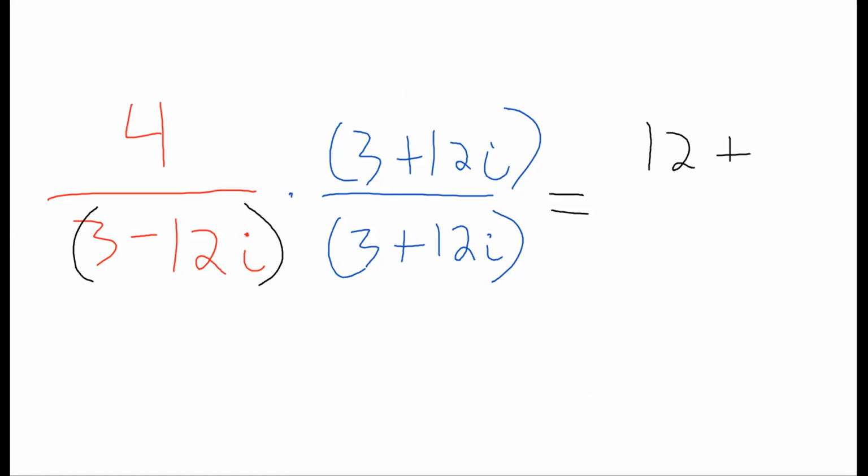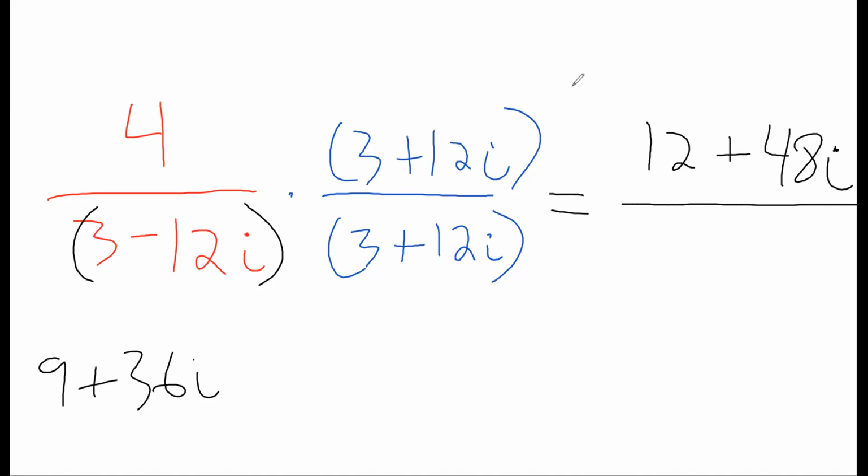So that's what that will become on top. On bottom, though, you're going to have to come down here, and just as a little side, we're going to have to FOIL that. So let's see, we're going to get 3 times 3 is 9, plus 36i, minus 36i, minus 144, 12 times 12, i squared.